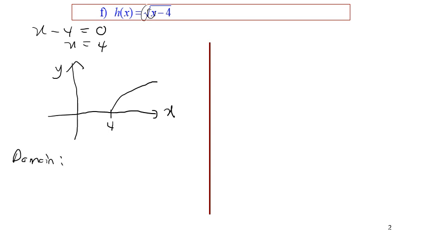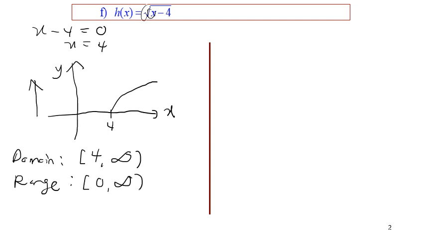Since it starts at 4, we start with 4 towards positive infinity, while the range, when x is 4, y starts with 0 and goes towards positive infinity, so it would be 0 to infinity for the range.